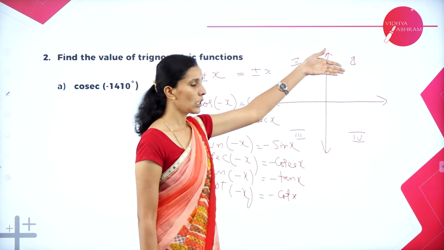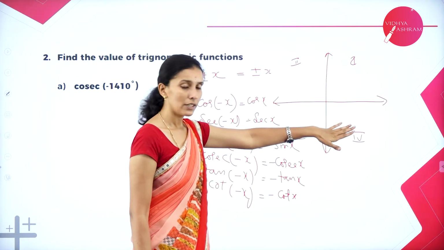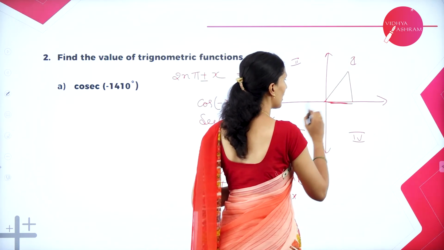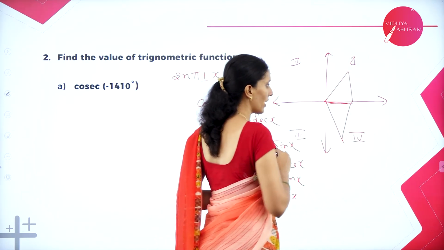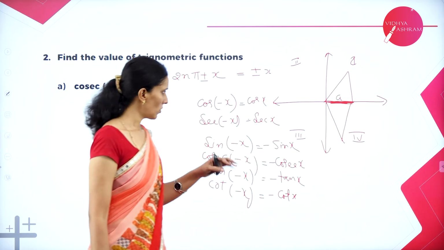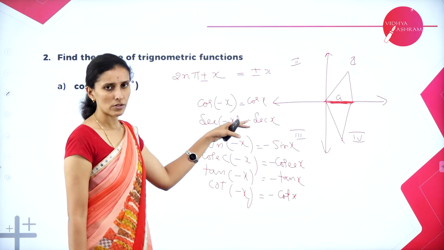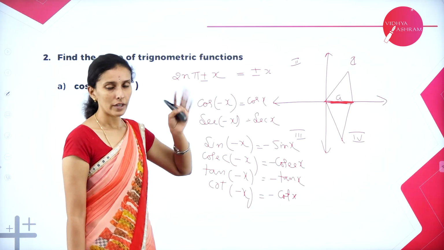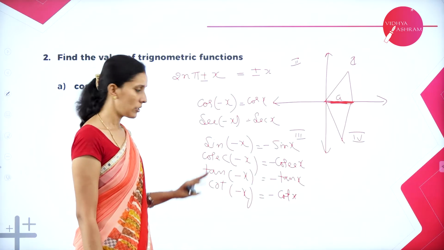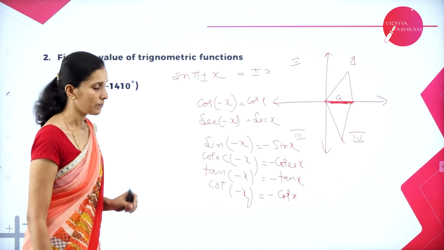Because whether it is in the first quadrant or in the fourth quadrant, if you take a right angle triangle and its reflection, the value of the adjacent side is positive. So for negative or positive angles, the value of cos is positive. Similarly, the reciprocal is secant, which is positive, and all others are negative.